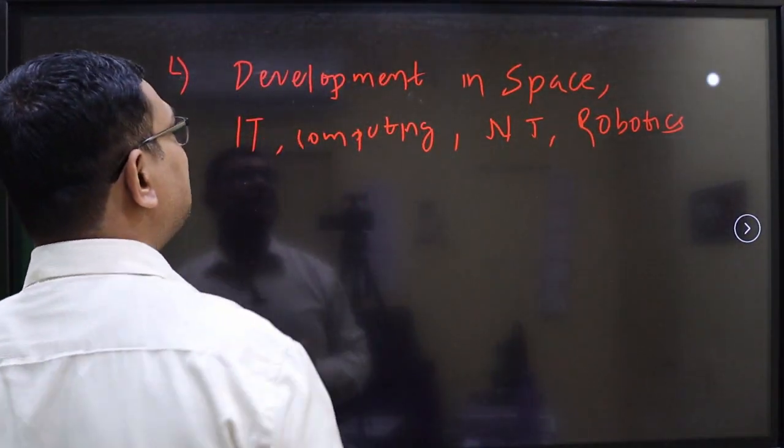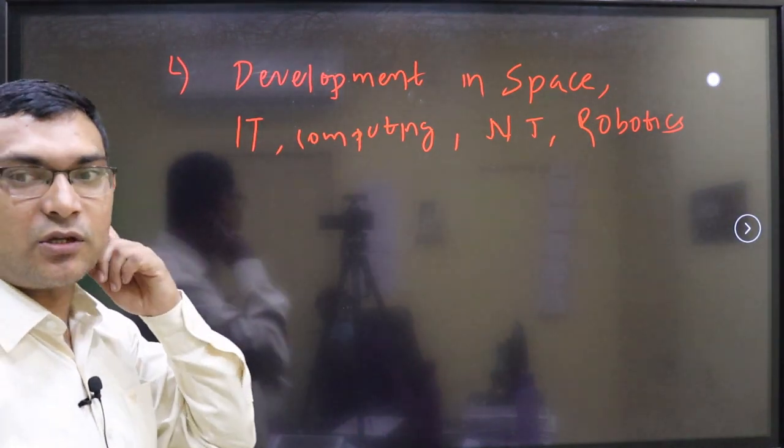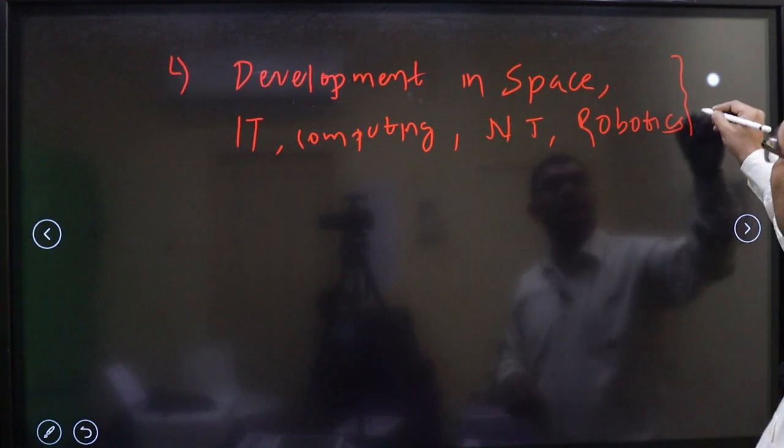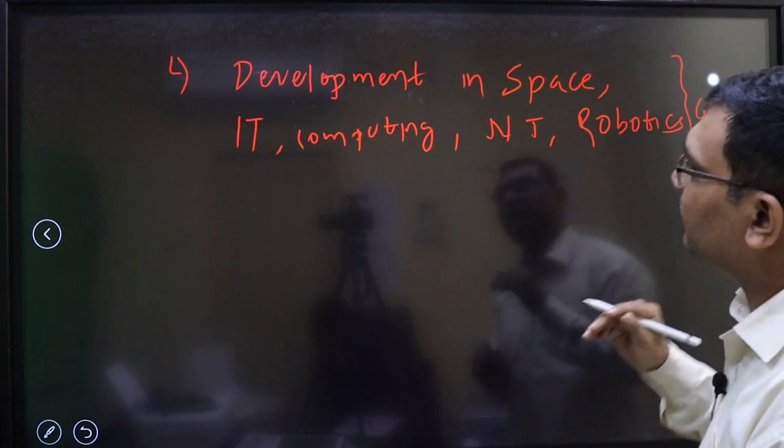So the development in space, in IT, computing, and nanotechnology and robotics. This part also plays an important role in your GS paper 3. In GS paper 3, they play an important role.